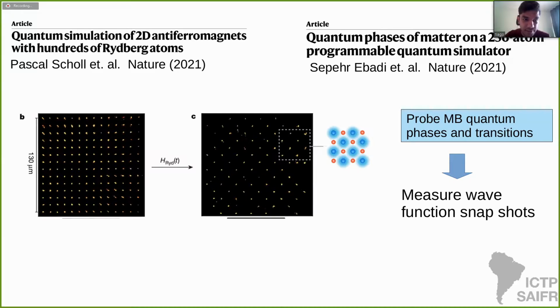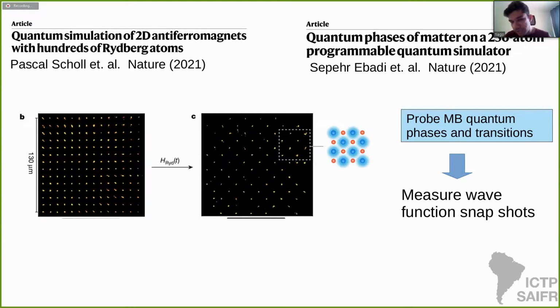Here is a lattice. Each bright point here represents a spin up. It is really an image, you can say a wave function snapshot. Here we can really measure local properties and probe, for example, the magnetization of the system. So we can really detect that the system is in this 2D antiferromagnetic state.